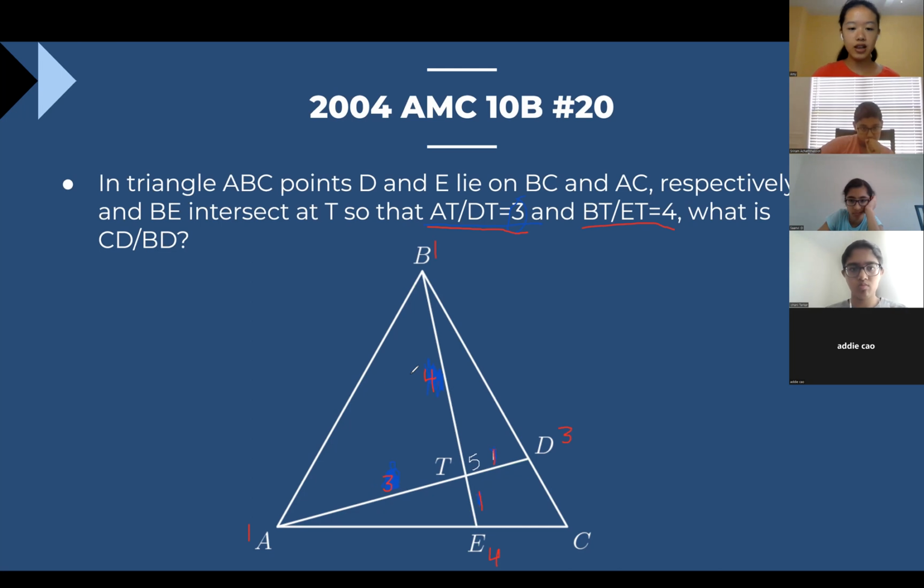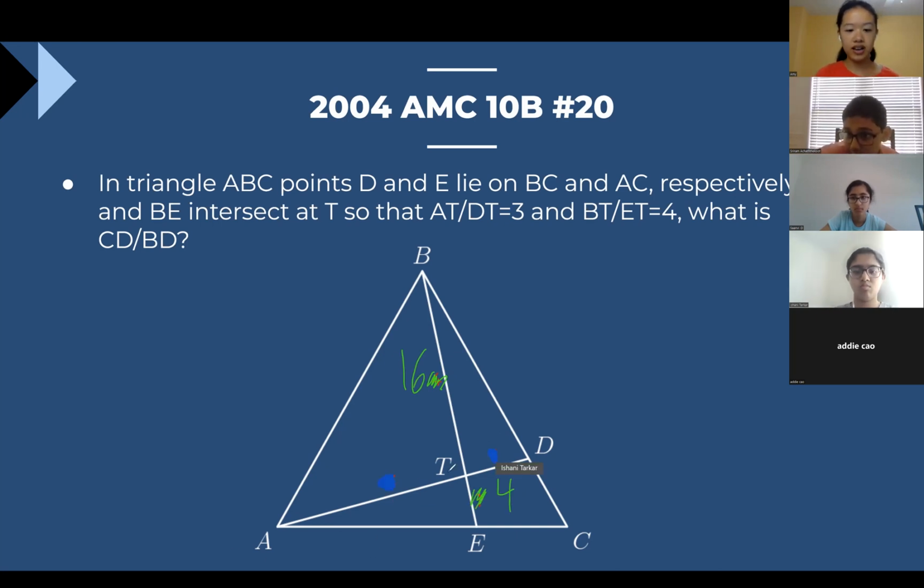So for BE, if we multiply the numbers we currently have by 4, and I'm going to erase the rest of my stuff because I'm going to clear. Okay, so if we multiply this by 4, then over here we'll get BT equals 16, and down here we'll get TE equals 4.